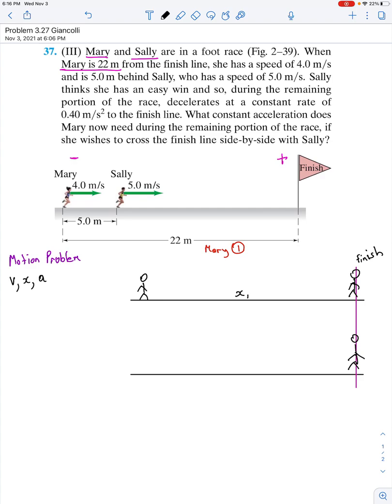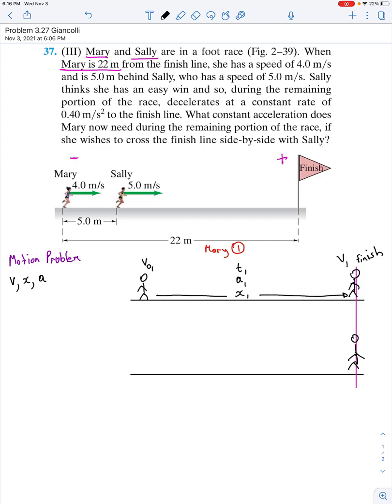Now, if the motion is constant acceleration and I'm drawing, I want to label their initial velocities, accelerations, distances, and time. So I could label all those things. She must have some acceleration, some time, some V1, some V01, and some X1.